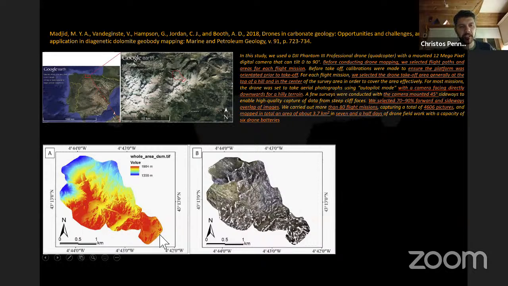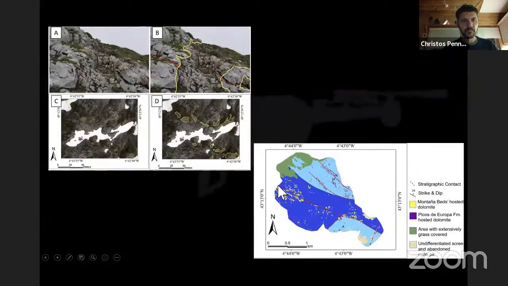the generated DEM, the DEM that these people were able to extract from their drone data, and the orthophoto map that they extracted. You can see here some white patches, which is snow covering the area. The goal of this study was also related to the geology of the area, to define the bedrock geology.